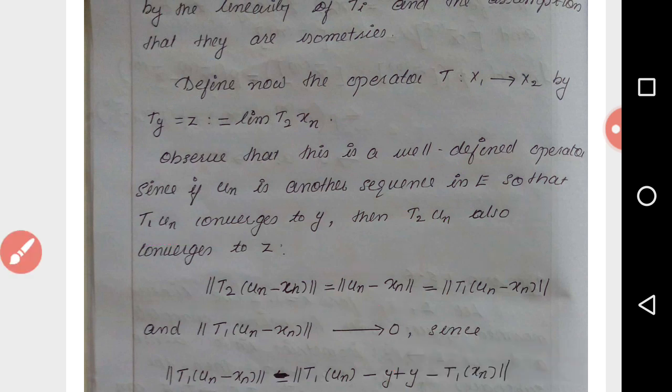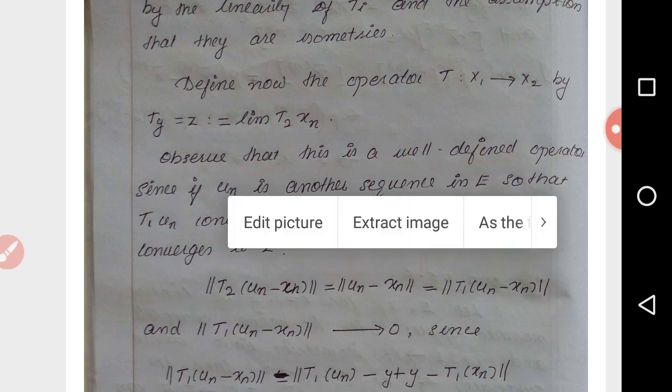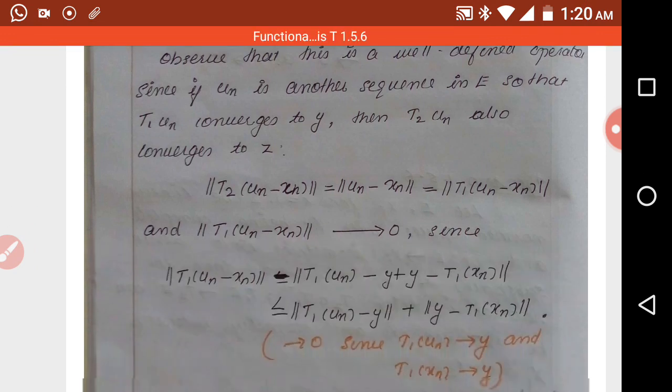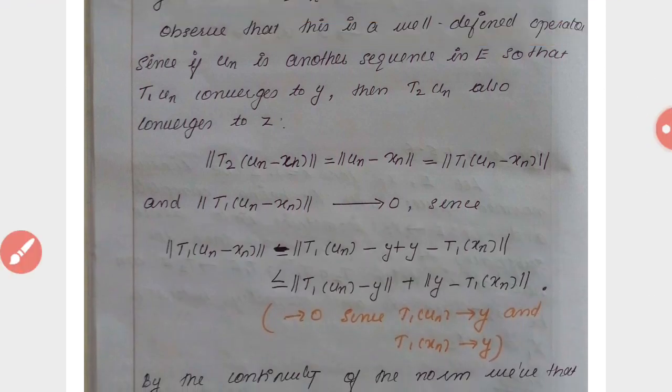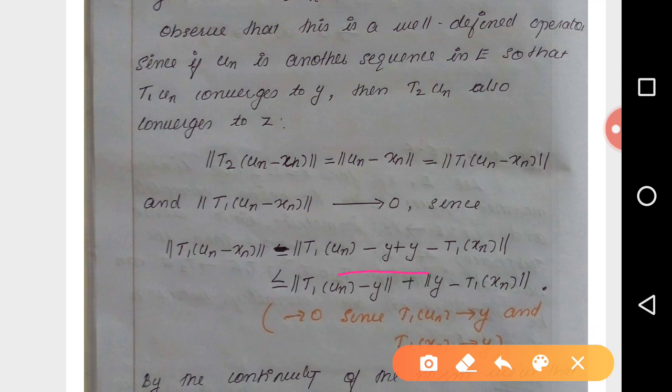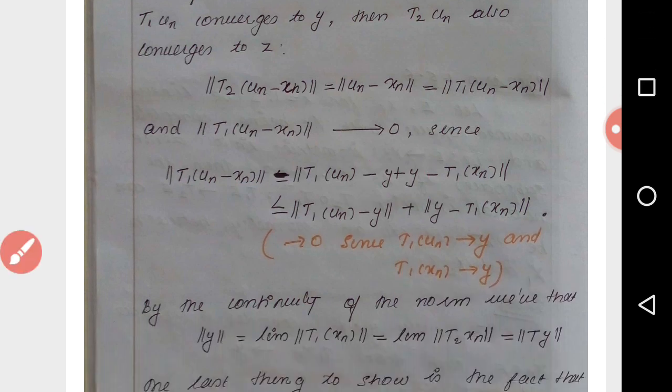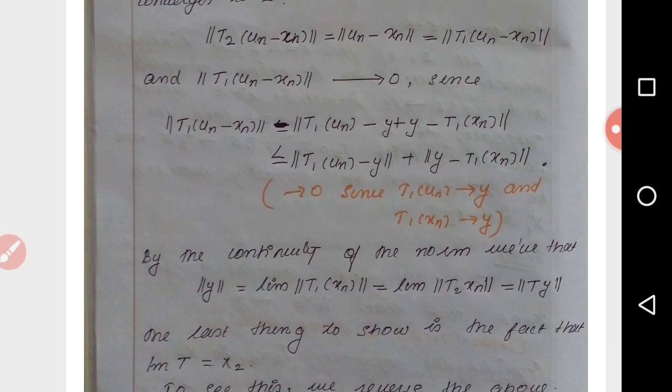We have to show this converges to 0, since the norm of T1 un minus T1 xn is equal to, here I added one term y and subtracted it, which is less than or equal to the norm of T1 un minus y plus the norm of y minus T1 xn, by the property of norm. Since T1 un converges to y and T1 xn converges to y, the right side converges to 0, which means the norm of un minus xn converges to 0.